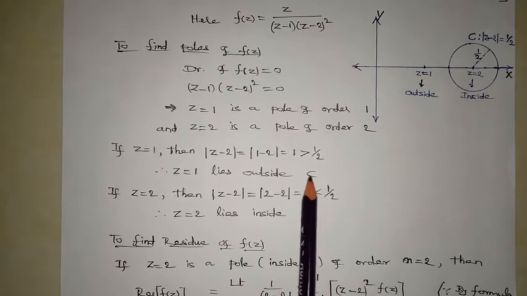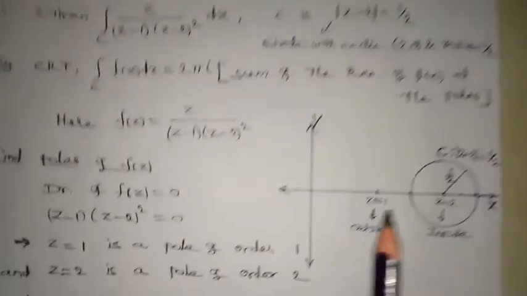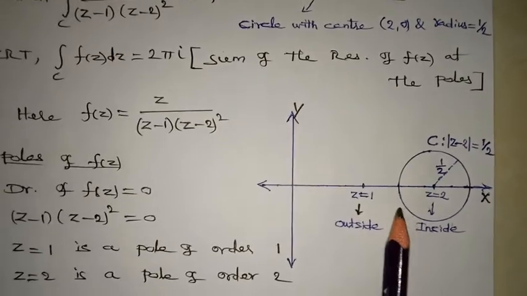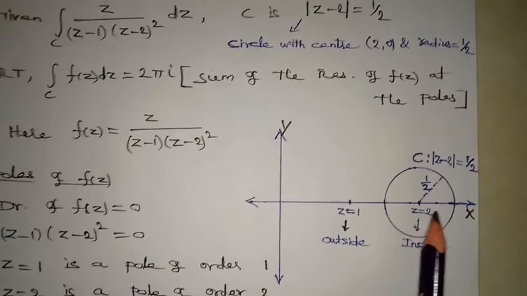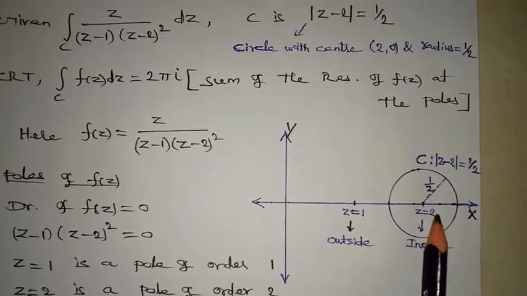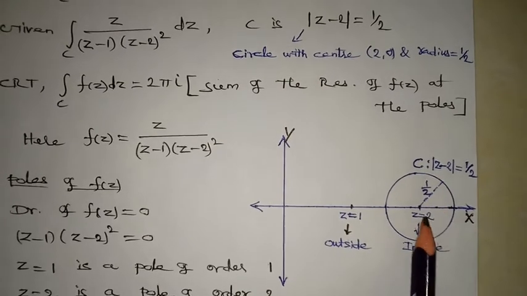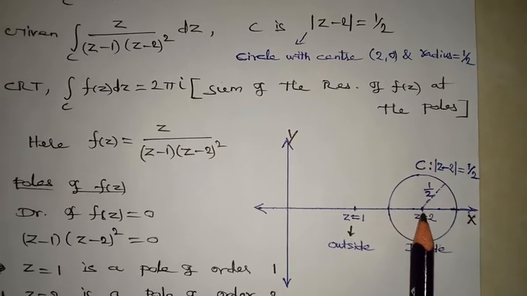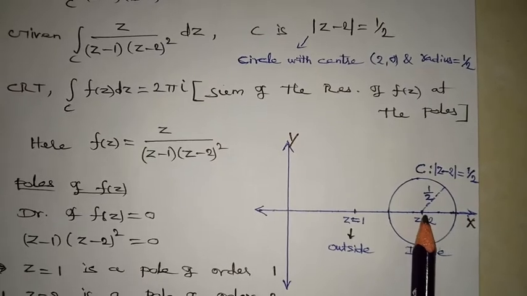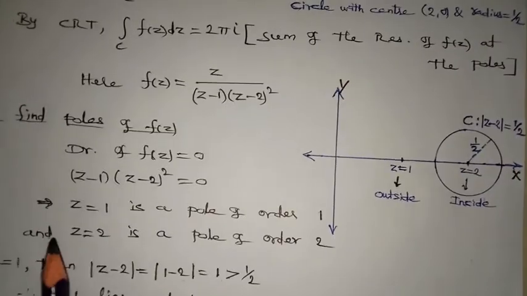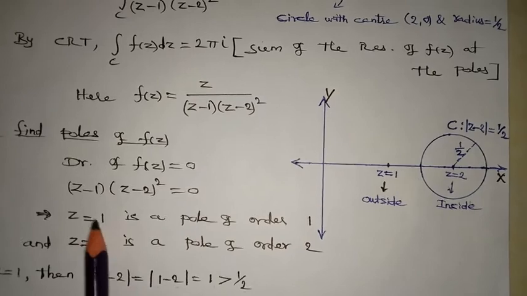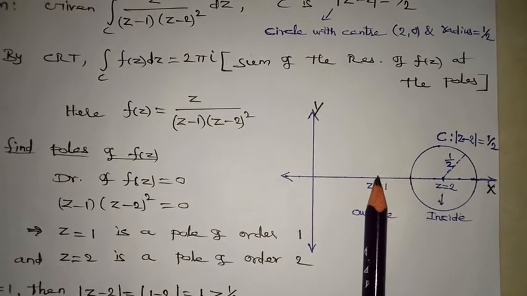Why is it outside C? Look at this diagram. Here, what is the given circle? Center (2, 0) and radius 1 by 2. Now where is the point z equal to 1? This point z equal to 1 lies obviously outside the circle.